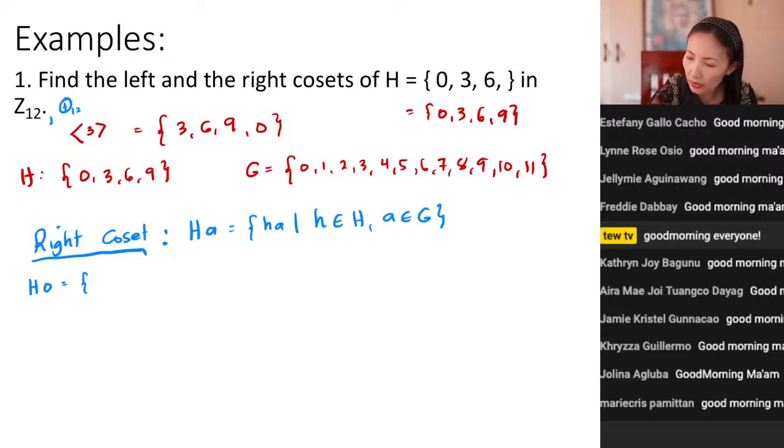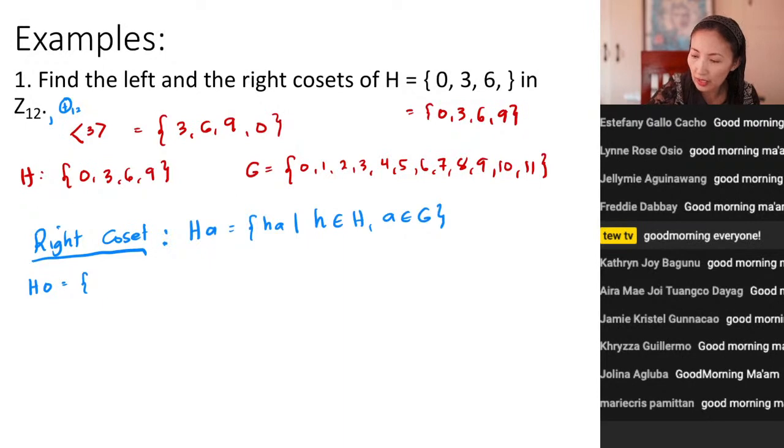Look, where did we get 0? 0 is any arbitrary element. You can begin with any of these elements from G, but I prefer 0. So 0 will not change the values of H, right? So it goes back to H.